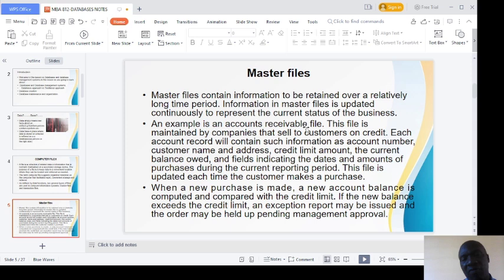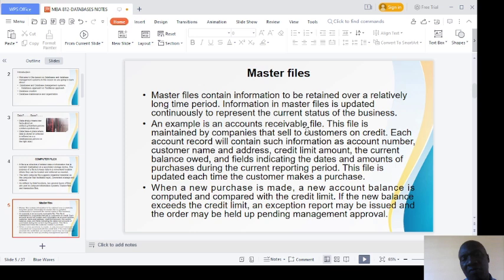When a new purchase is made, for example, a new account balance is computed and is compared with the credit limit. If the balance exceeds the limit, then a report is issued and necessary action is taken. So this is a master file. It is a file that retains information for quite a long period of time.